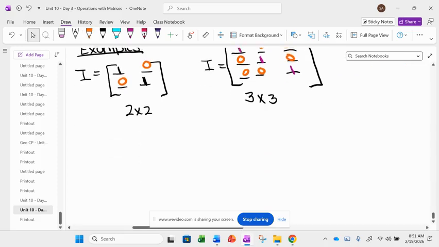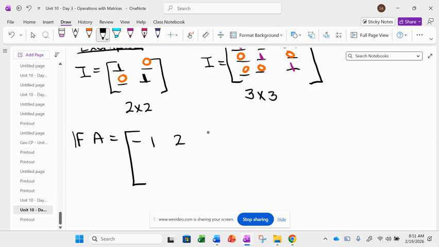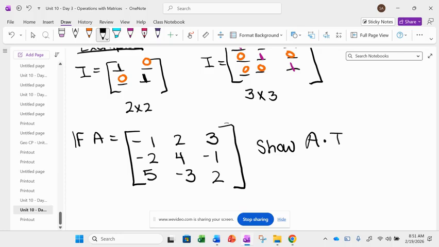So now let's just show, if A is equal to -1, 2, 3 in my first row, -2, 4, -1 in my second row, and 5, -3, 2 in my third row, I want us to show A times I equals A. What are we saying I represents here? Not 1, nope.